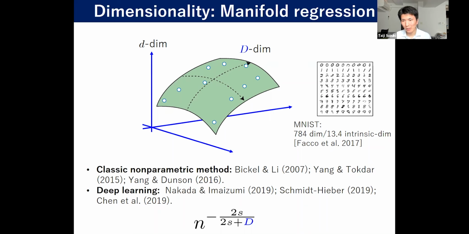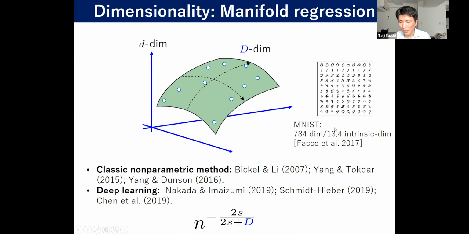So if data is distributed on the low dimensional manifold, then the rate of convergence becomes much, much faster. Then it can avoid the curse of dimensionality. Actually, it has been experimentally investigated that the MNIST data set has an intrinsic dimensionality of 13 or 14. So capital D is 13 or 14 instead of 784.